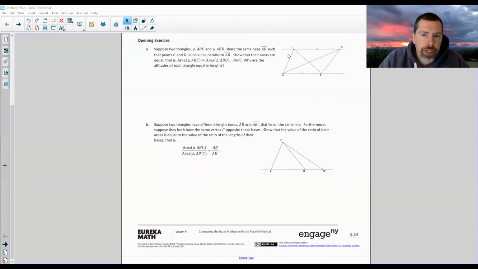Okay, so I could do this by a construction using a compass, but I'm just going to use a protractor for this.